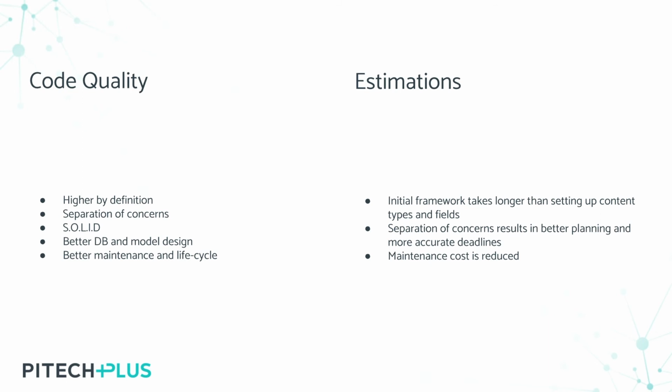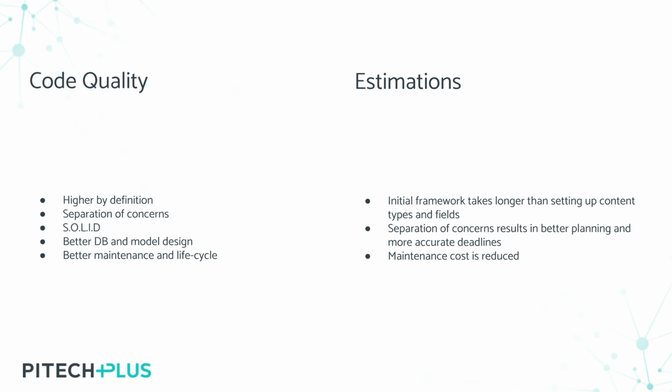Drupal core doesn't always provide it, almost never actually. There is no SOLID in core. It tries to do it in areas that were written from the ground up, but things that were ported from 7, it's a mess. If you just take a look at Form API, for example, good luck with that.